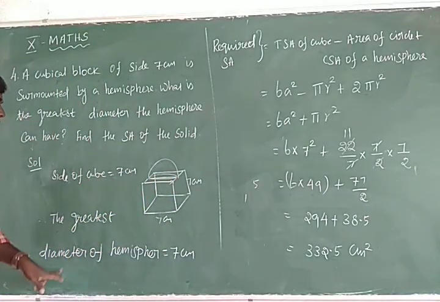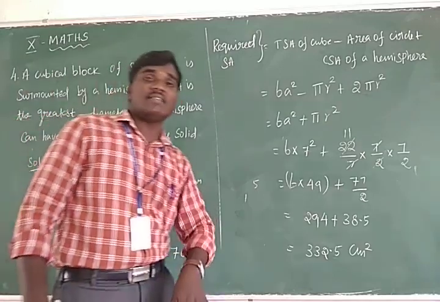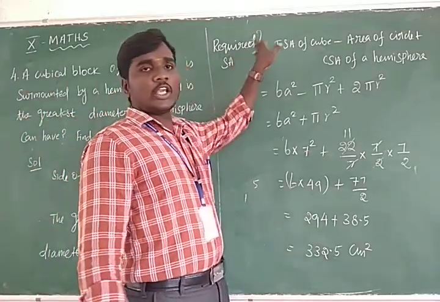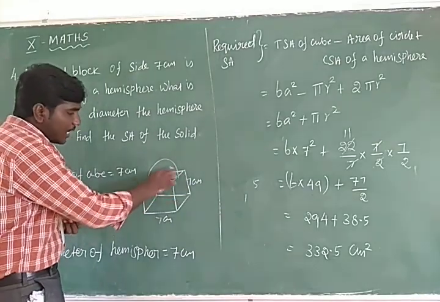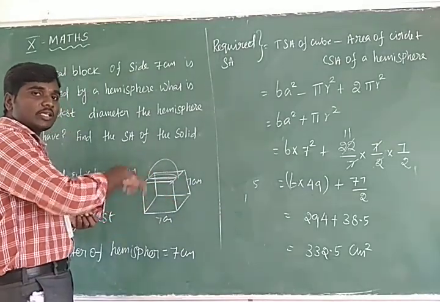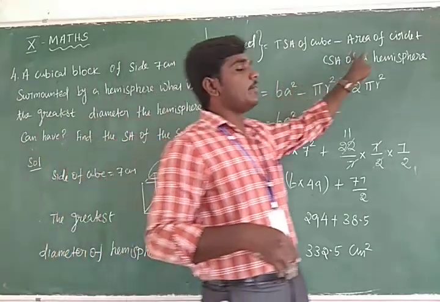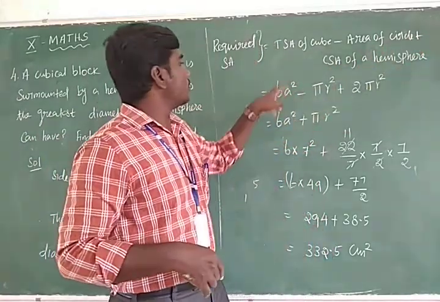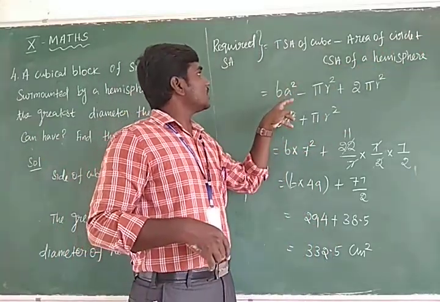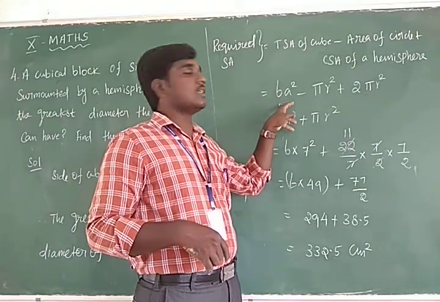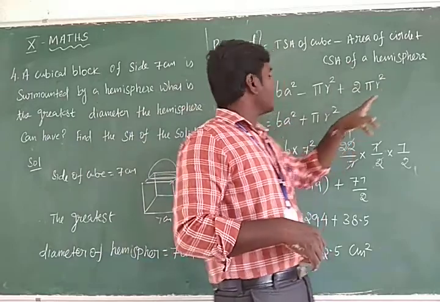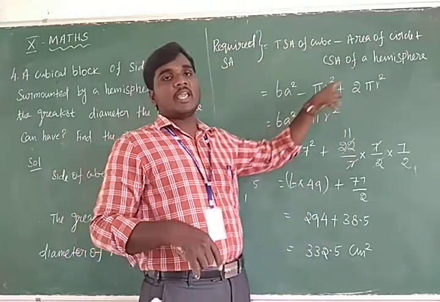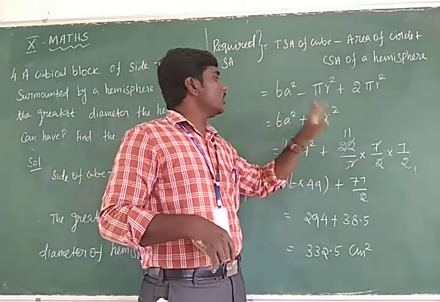So the greatest diameter of hemisphere is equal to 7 centimeter. So the required area is equal to the total surface area of cube minus area of circle on the top, plus curved surface area of hemisphere. So total surface area of cube is 6a square, minus area of circle πr square, plus 2πr square. So 6a square minus πr square plus 2πr square is equal to 6a square plus πr square.